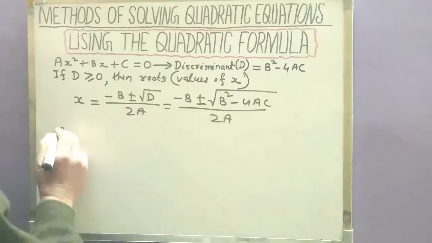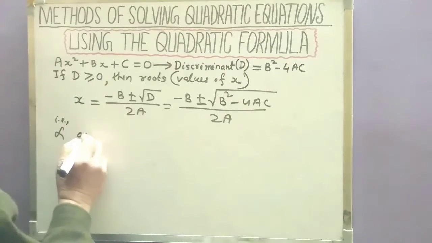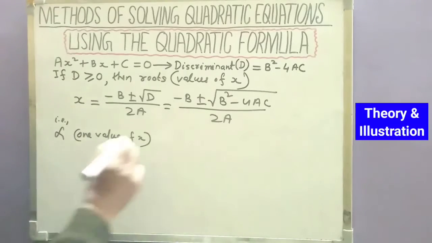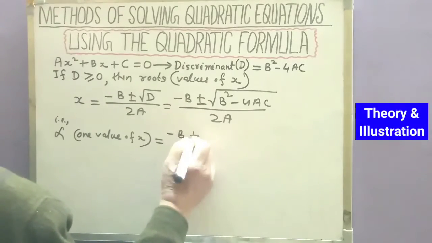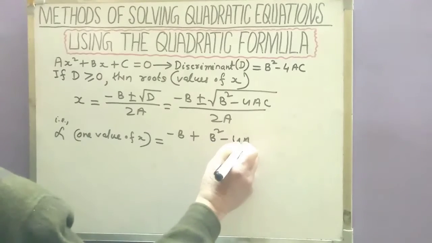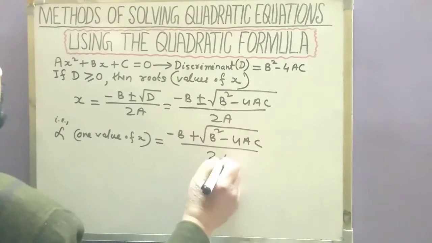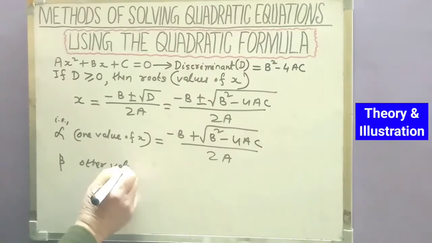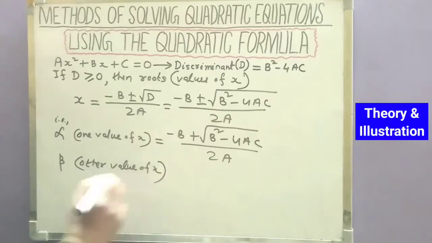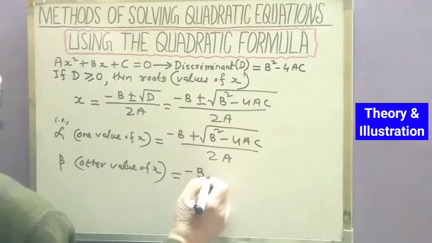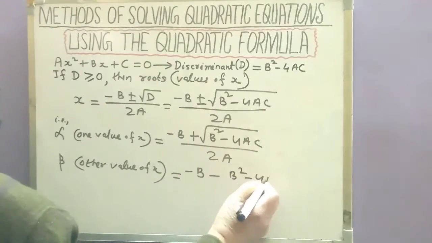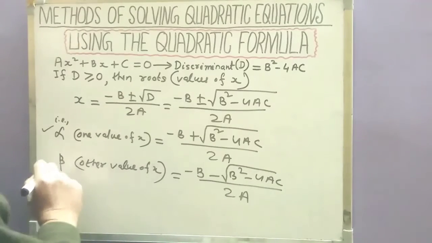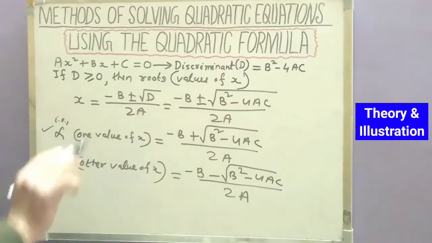That is, alpha, one value of x, equals (−b + √(b² − 4ac))/2a, and beta, the other value of x, equals (−b − √(b² − 4ac))/2a. Thus, these are the two values of x.